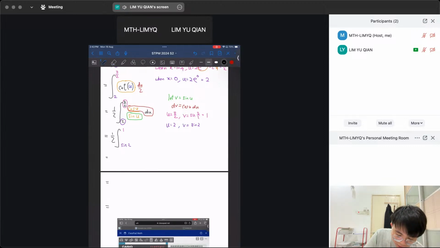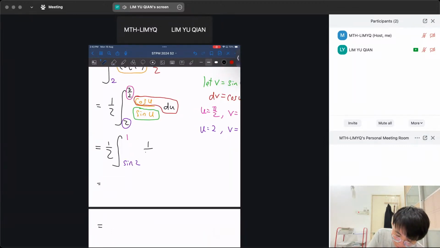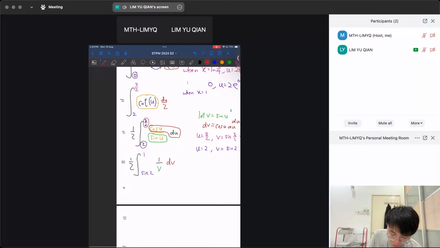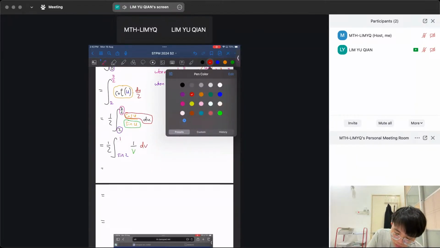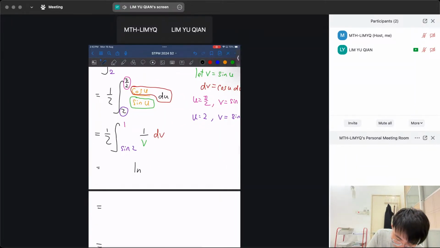That's why I think it's not good here. It's 1 over v times dv, dv only. So when we do the integration, ln v, then from sine 2 to 1, times 1 over 2.